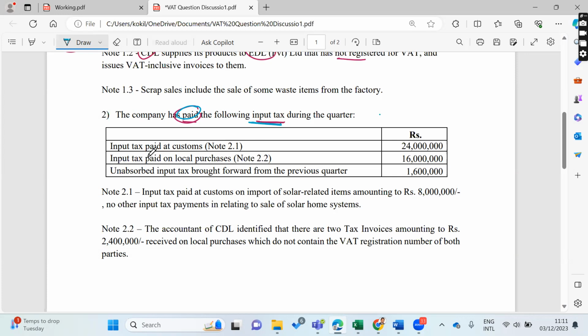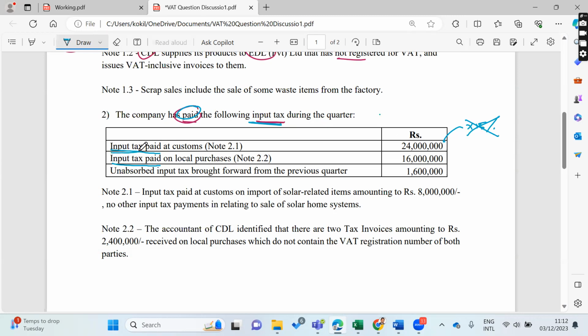If you are given input VAT paid, it means this much VAT component has been paid to customs. Therefore, take the figure as it is. Don't multiply. Most students multiply this amount to get the VAT component. No, that is not the case.